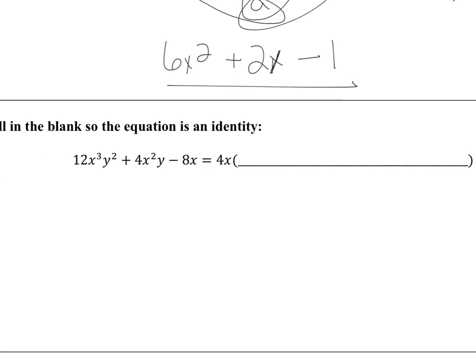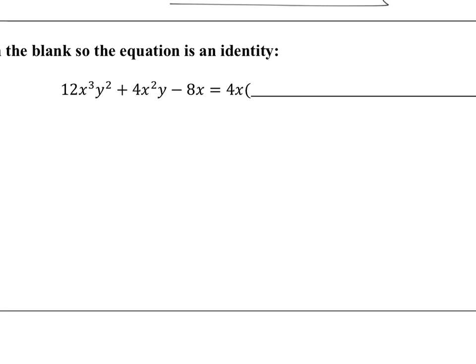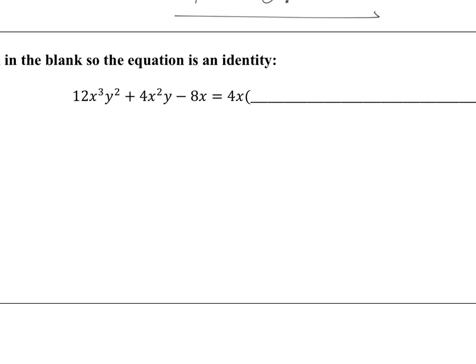Awesome. All right, down here, this is a different way of giving you a division problem. This particular problem is saying fill in the blank so the equation is an identity. So it's basically saying, 4x times what would give me that?